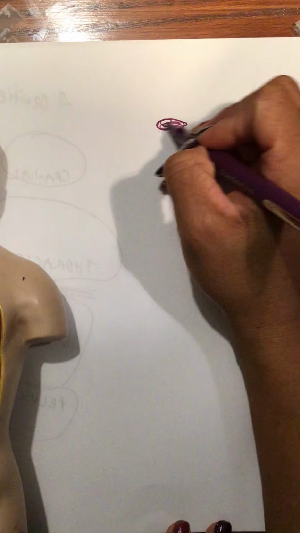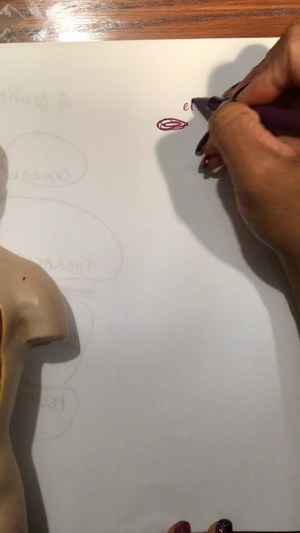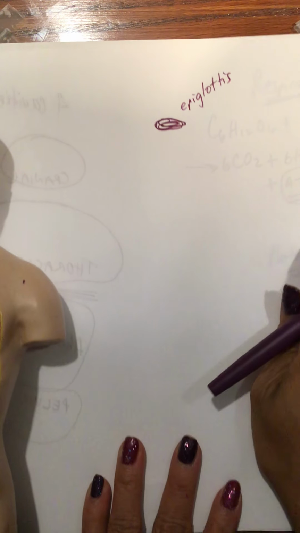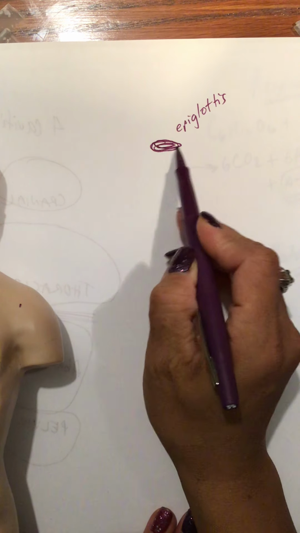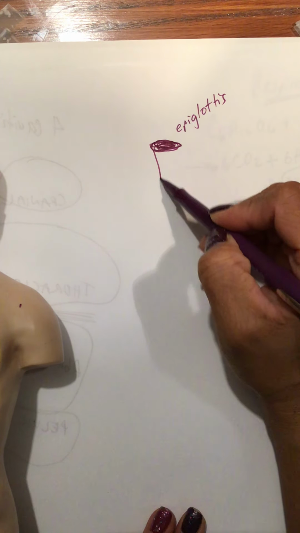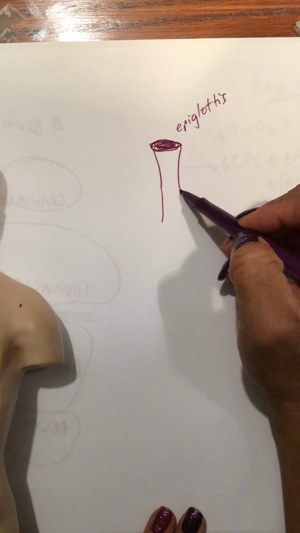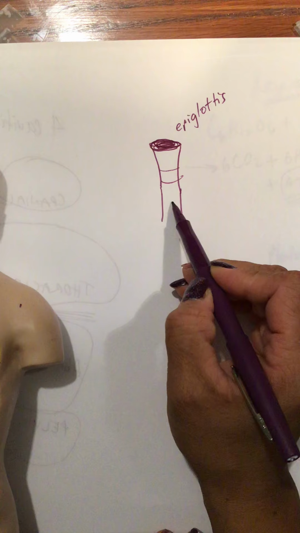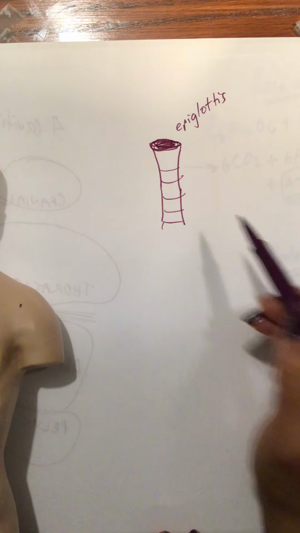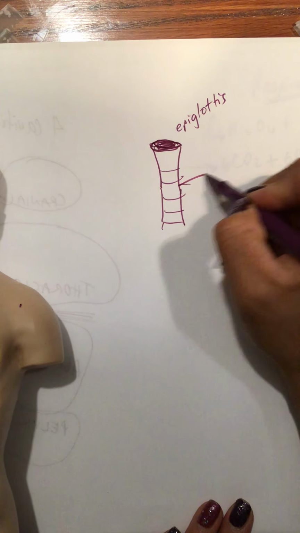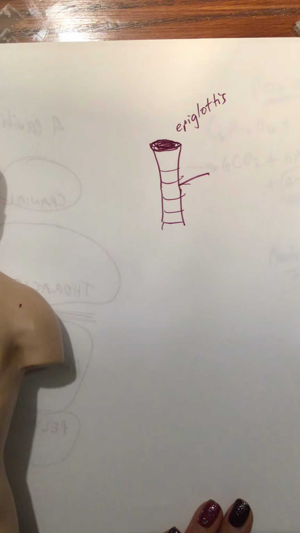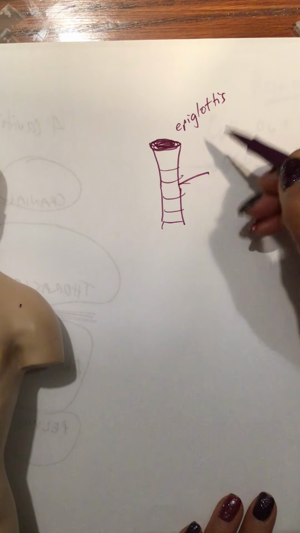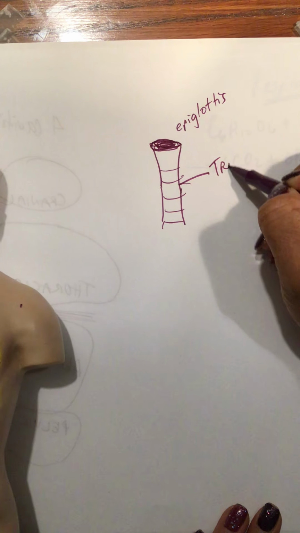Remember that the trachea has the epiglottis, the lid that prevents food particles from entering the lungs. And these are very sturdy, rigid C cartilages, in the form of a letter C. This is the trachea.